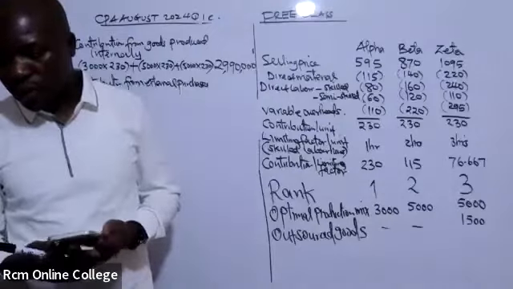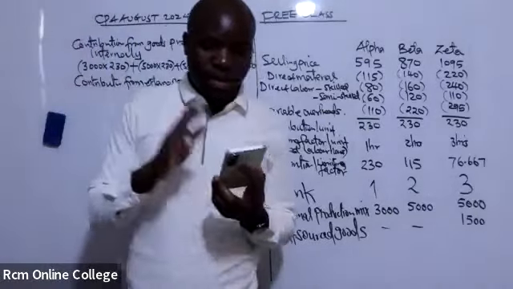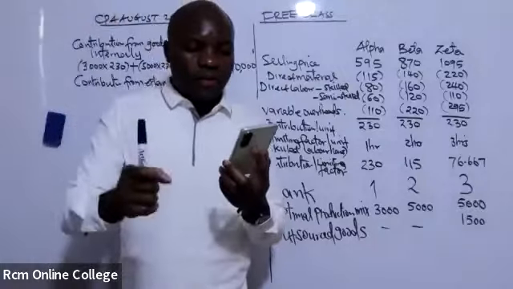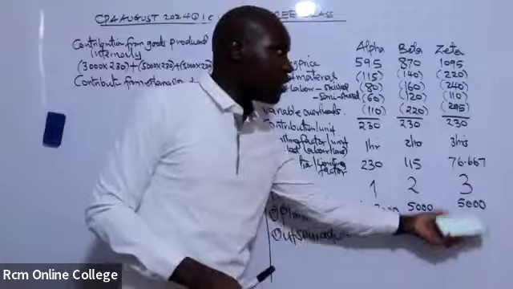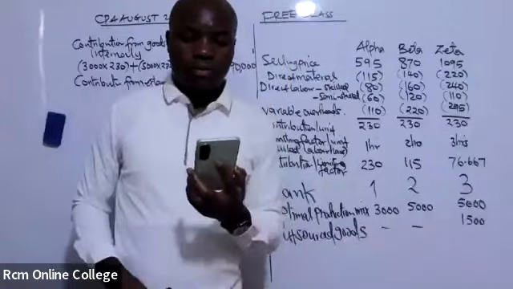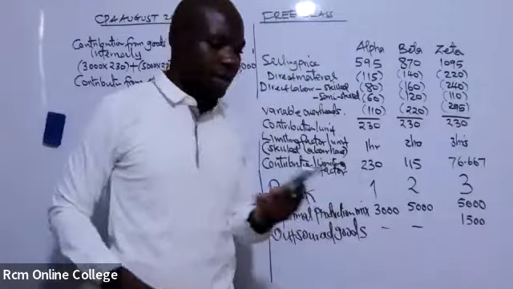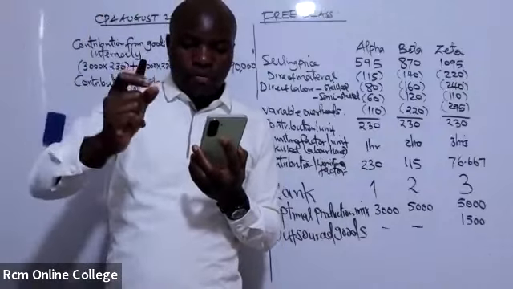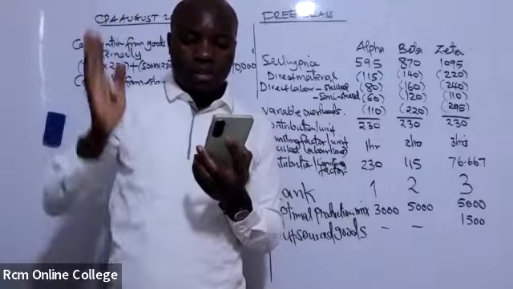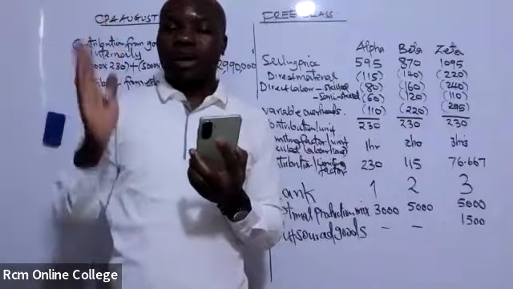Information number 4. The examiner is telling us, let us read it together. Deficit in units. The 1,500 for Zeta or any other product out of the 3 can be outsourced from external suppliers at the following prices.